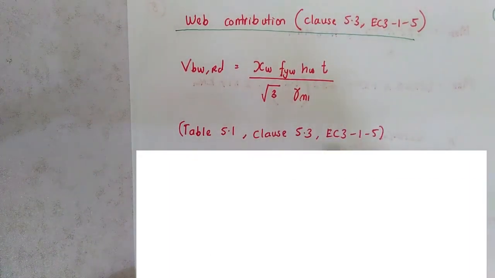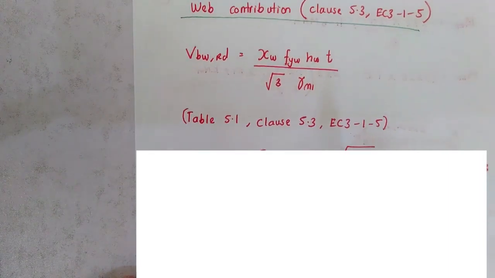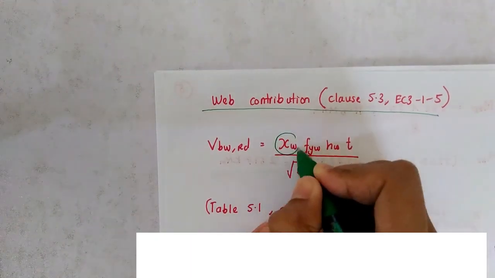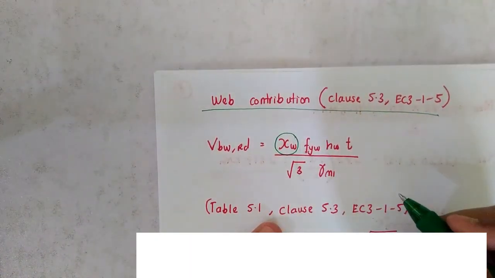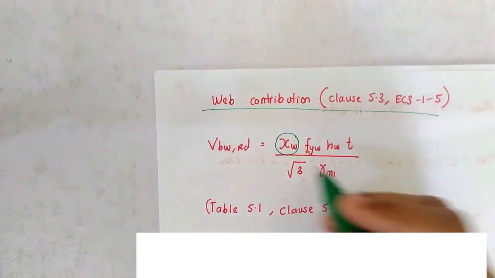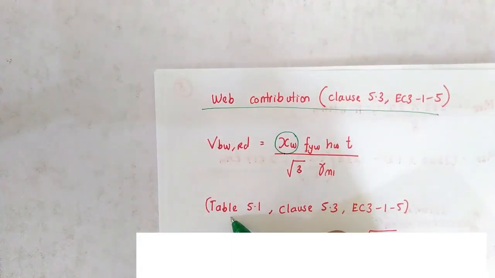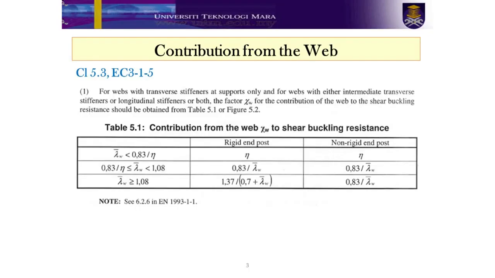For this clause of EC3 part 1.5, the first thing that you need to find is the value of the web contribution factor. To get the web contribution factor, you must refer to table 5.1, clause 5.3 EC3 part 1.5. The contribution of the web to the shear buckling resistance should be obtained from this table.